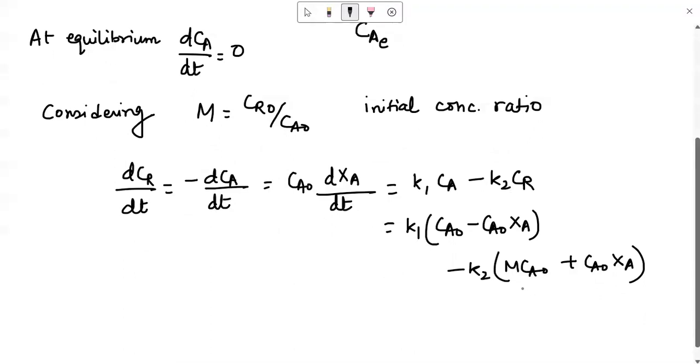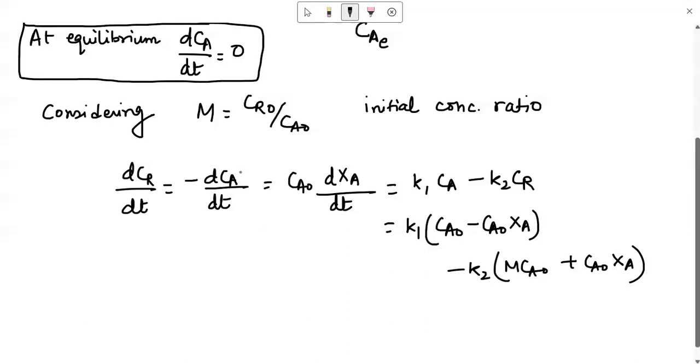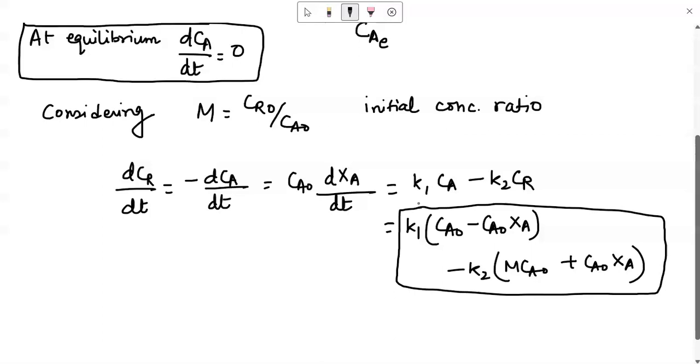Now if we consider that at equilibrium dCA/dt goes to 0, then practically this entire expression is equivalent to 0.